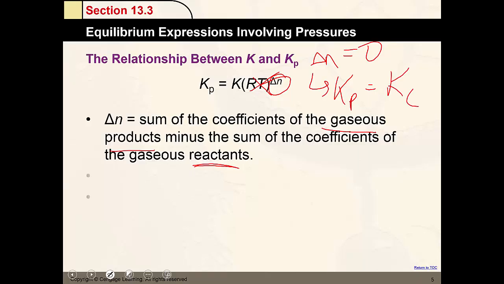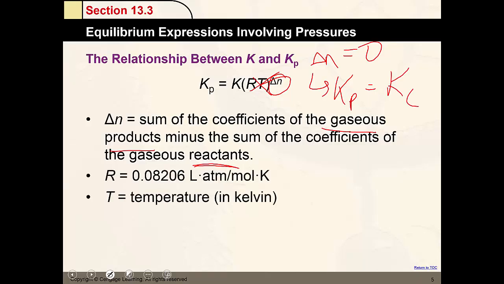And remember here, for our units of R, you'll always be given this. You were using the 0.08206 value, since we're still talking about volume in liters, pressure in atmospheres, and the temperature will always be in Kelvin. So if it's given to you in Celsius, make sure you convert it to Kelvin.